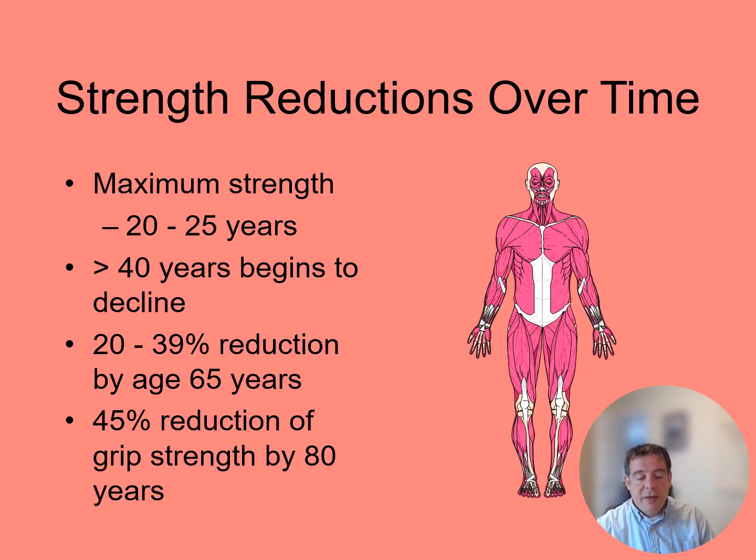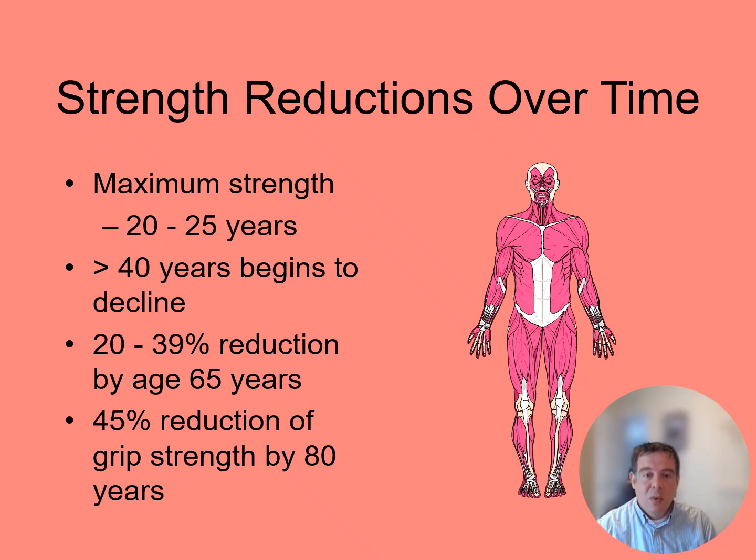So even though we've been talking about human measurements with a tape measure or a 3D scanner, human measurements also include strength. So how a person can lift something, for example, so that's another human measurement. So if we take these averages, our maximum strength are about in our 20s.